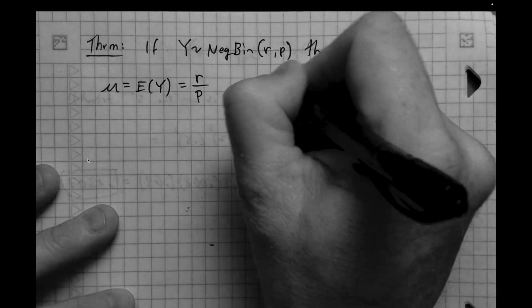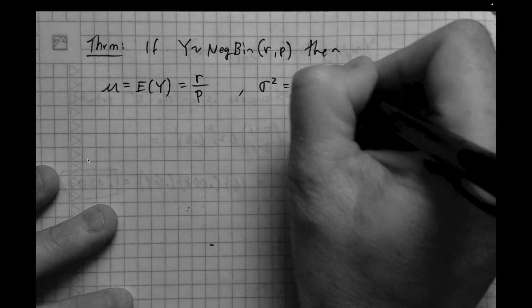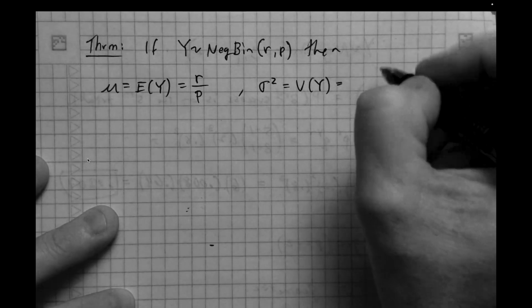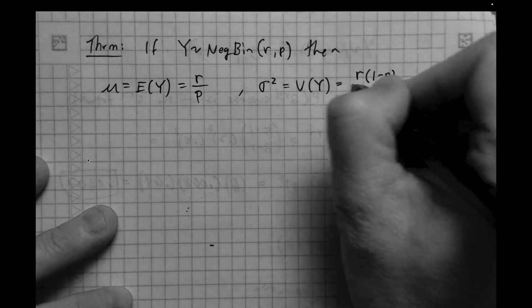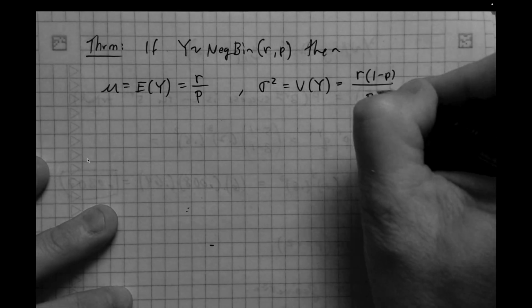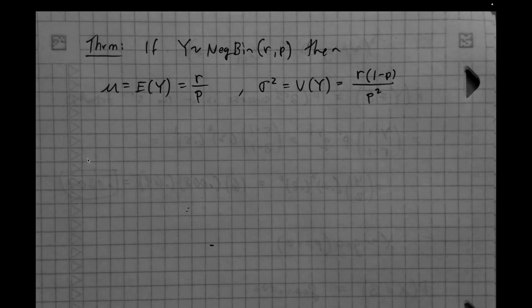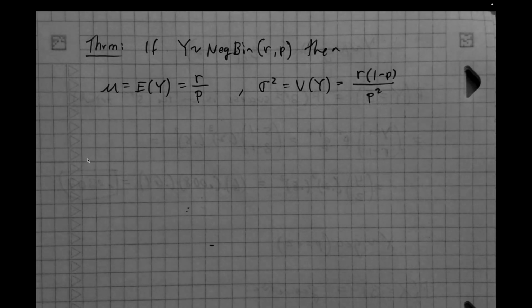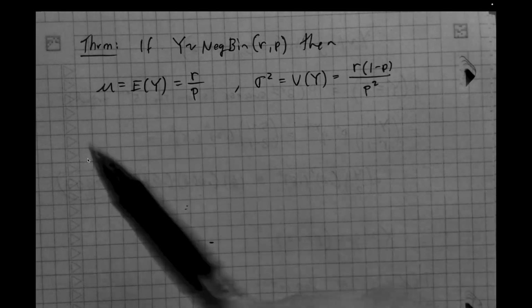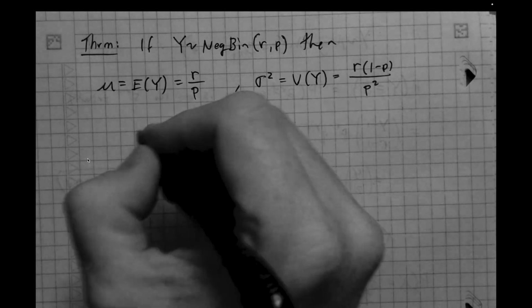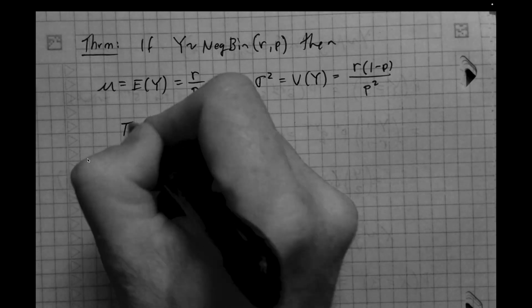And the variance, sigma squared, the variance of y, is equal to r times 1 minus p, which is also known as q, divided by p squared. Okay, and so that is the variance, and this is the mean.